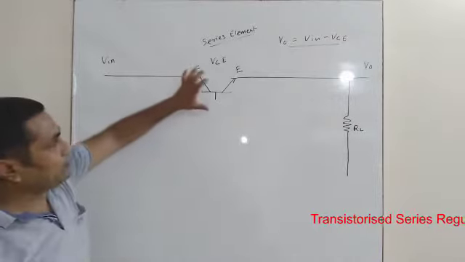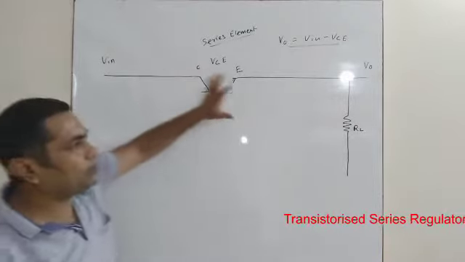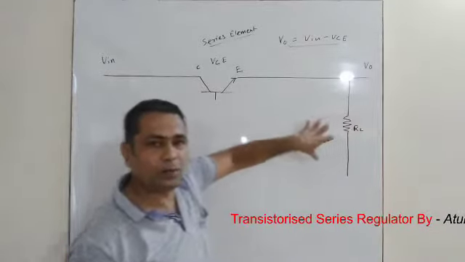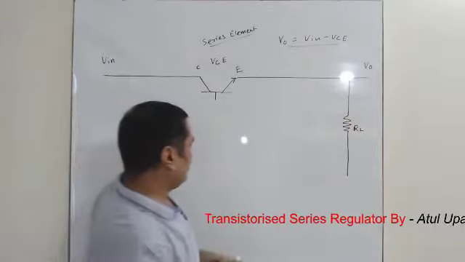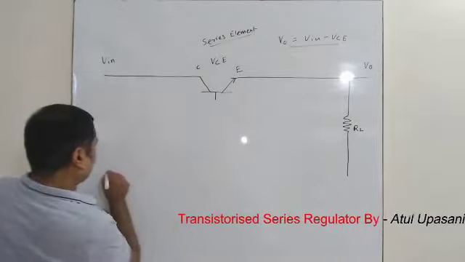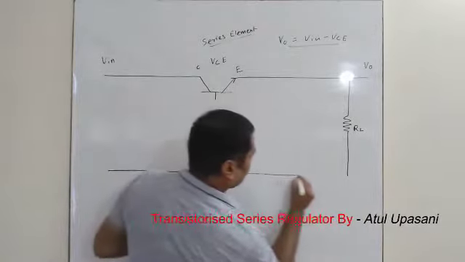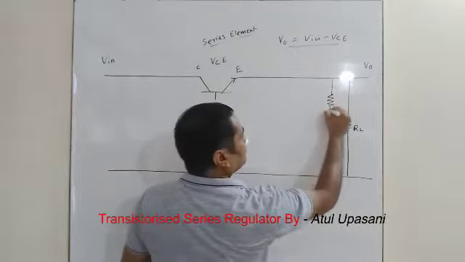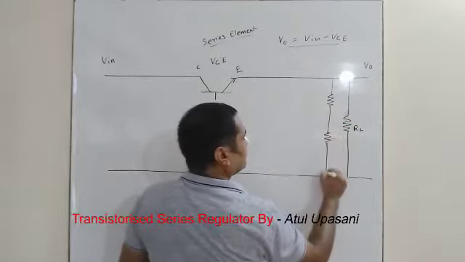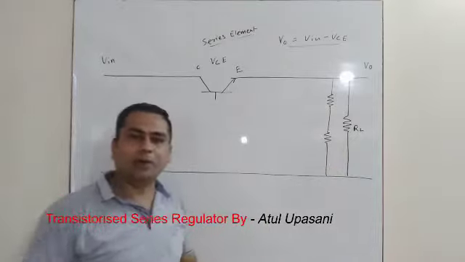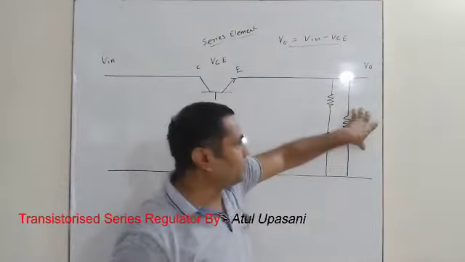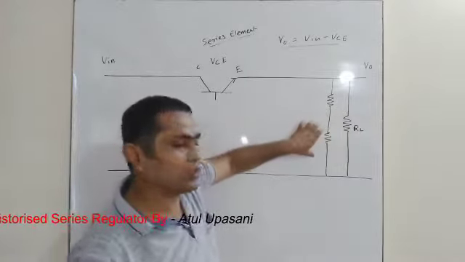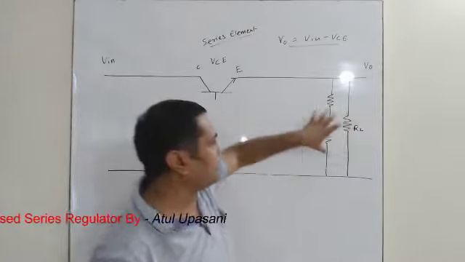Now this transistor has to regularize the voltage, so the fluctuation at the output should be removed. For this what will we do? We will take a sample of the output. For taking the sample of the output, because we only have to check the fluctuations at the output, all the voltage is not needed.